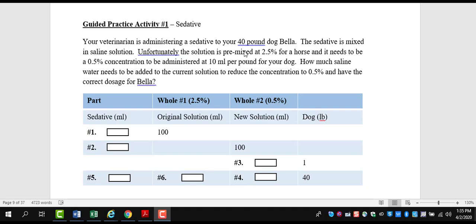Unfortunately, the solution is pre-mixed at 2.5% for a horse, and it needs to be 0.5% concentration to be administered at 10 milliliters per pound for your dog. How much saline water needs to be added to the current solution to reduce the concentration to 0.5% and have the correct dosage for Bella?